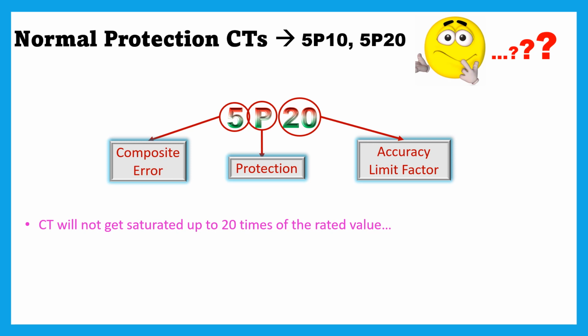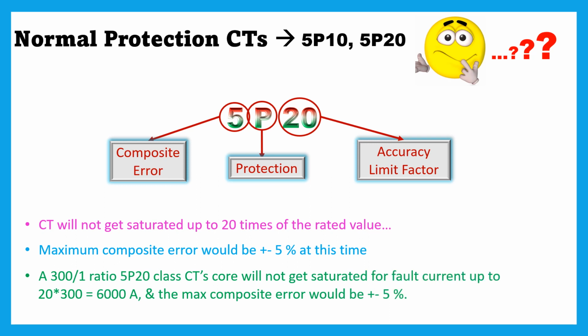And when such a huge amount of current is flowing in the primary of this CT, then the maximum composite error in the secondary of the CT would be plus minus 5%. For example, a 300 by 1 ampere ratio 5P20 CT would not get saturated for 20 into 300 equals 6000 ampere fault current, and at this moment the maximum error in the secondary readings will be plus minus 5%.